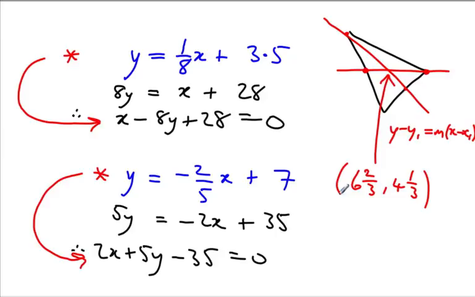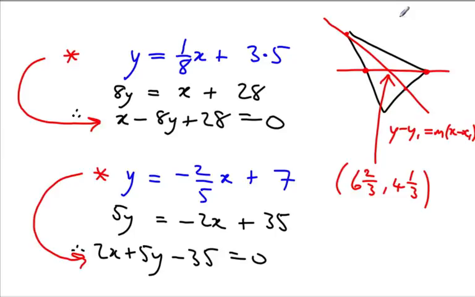Part B says, show that this point lies on the other median. Remember we've used two medians to work out that point there, the intersection. Now what it's saying is, show that this point actually lives on that median as well. So how do we show that a point actually is on a line at all?